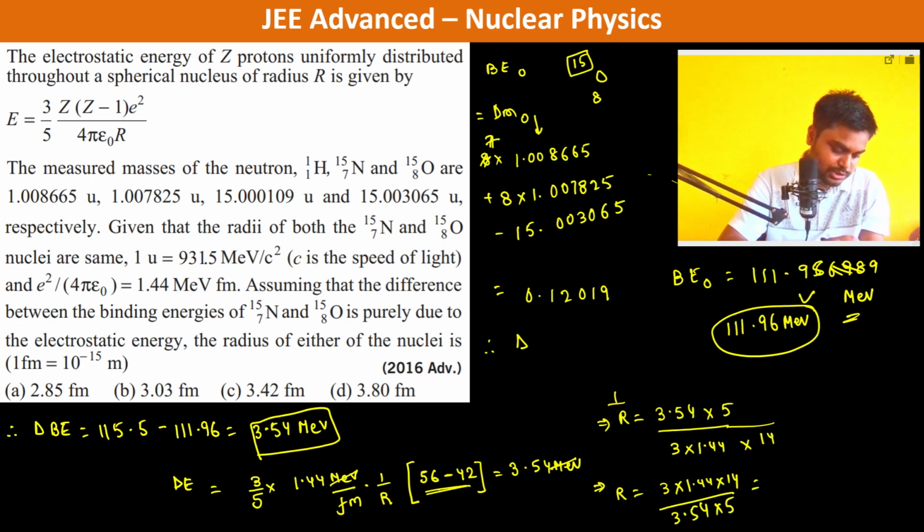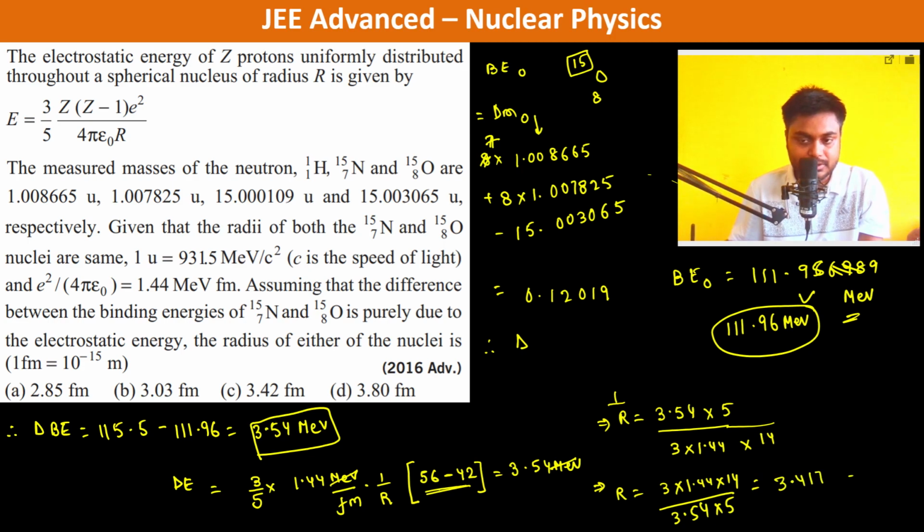So let us do 3 into 1.44 into 14 divided by 3.54 into 5, which is 3.417 femtometer, which is 3.42 femtometer.